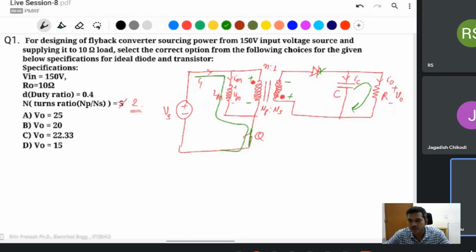And it is continuous or discontinuous depending on the magnetizing inductance of transformer. Here we used a ferrite core transformer, like a pulse transformer for higher frequency. It is not an iron core transformer. In iron core transformer, the losses increase. It is a high frequency, like 50 kilohertz, 100 kilohertz of any converter.